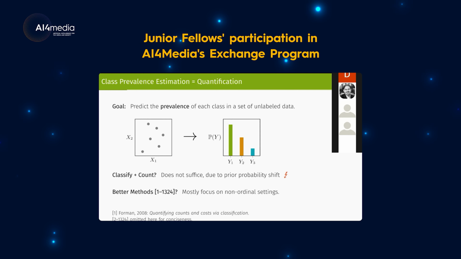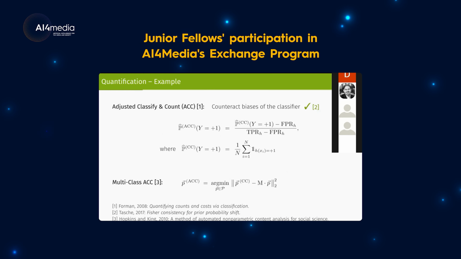To give you a rough idea of how these methods might work, we can have a look at a binary case. Adjusted classify and count is one of the most classic, most basic methods. Here we counteract these biases of the classifier by first classifying and counting how often each class is in the sample.